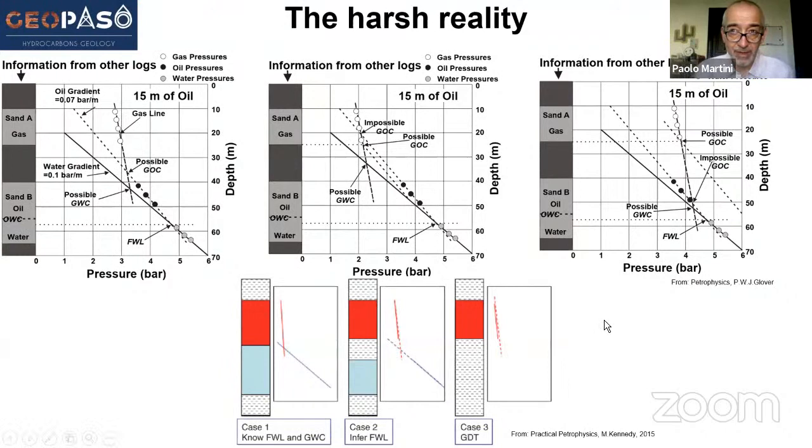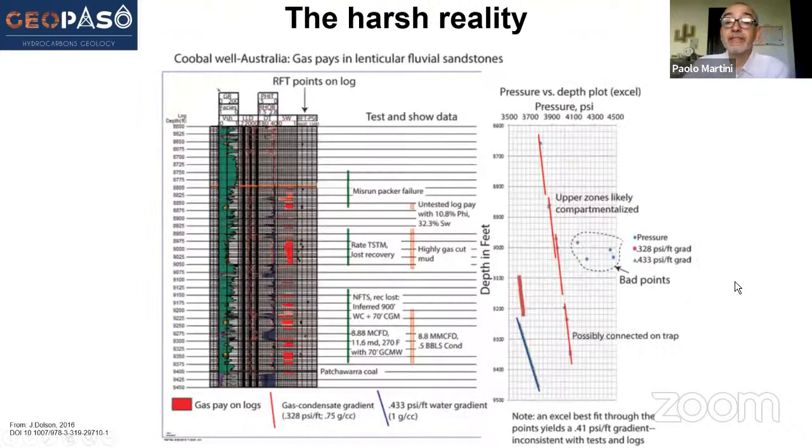Sometimes wells are not drilled that far off the structure to investigate the real position of the free water level. This is another example of stacked sands, which are basically lenticular, and they are not in communication.